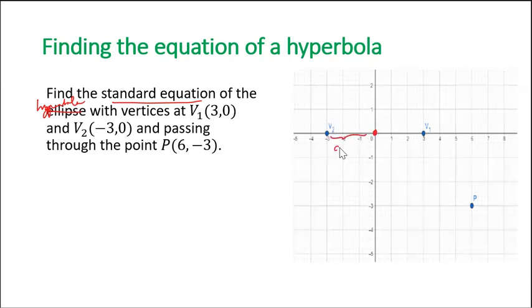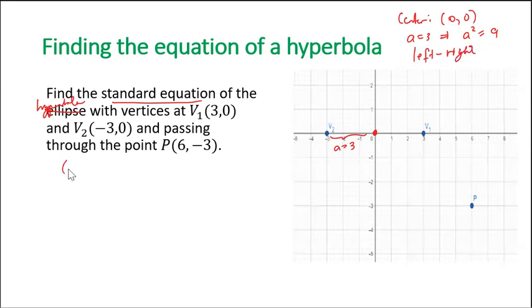So this indicates that a is equal to 3. Center at (0, 0), a is equal to 3, which means that a squared is equal to 9. Since the line segment joining the vertices and the center is horizontal, the hyperbola is a left-right hyperbola.